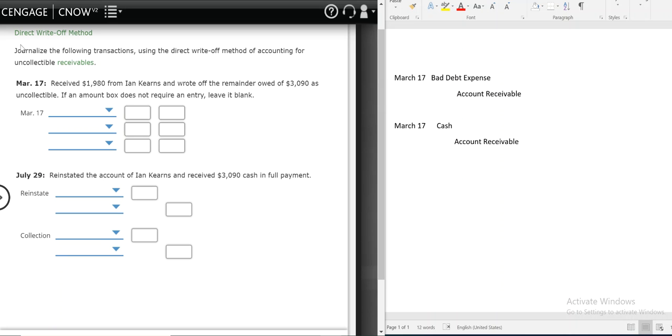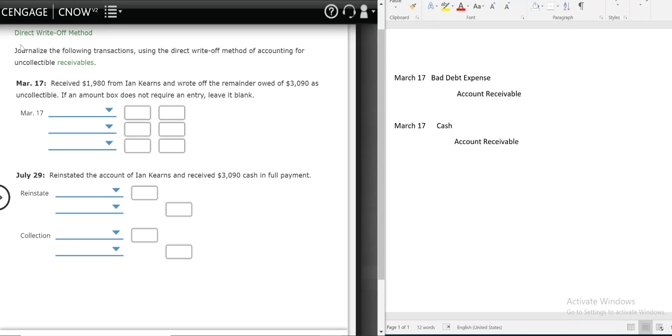With this method, all we do is so simple. When we identify the customer that we provided services to on account and he's not paying us, and we're almost 100% sure that he went bankrupt or that he's not going to pay us back, at that point we record the bad debt expense. So during the year, you're going to be recording bad debt expense on a regular basis.